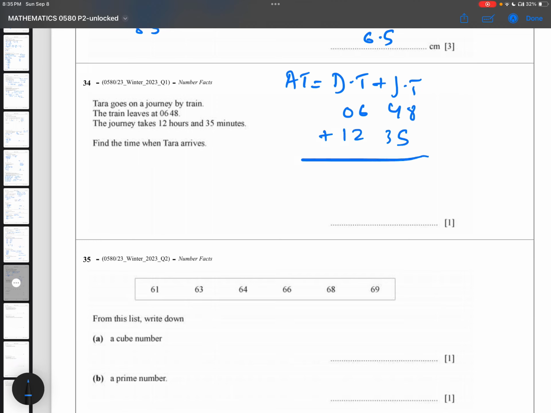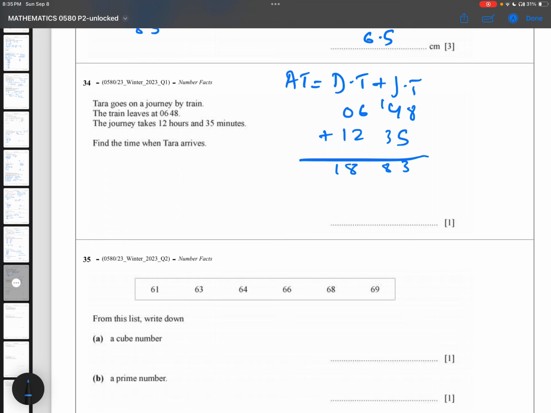Now 8 plus 5 is 13. 1 is the carry. 4 plus 3, 7 plus 1, 8. And 6 plus 2 is 8. 1 plus 0 is 1. 1883. There cannot be 83 minutes in an hour, right?